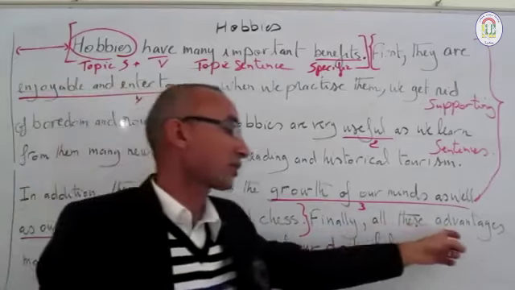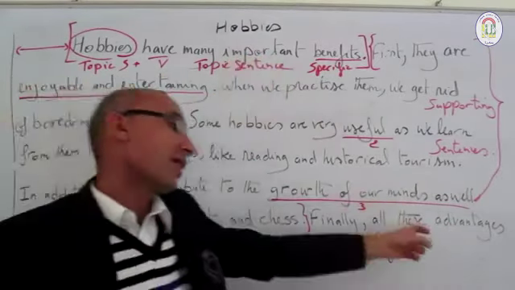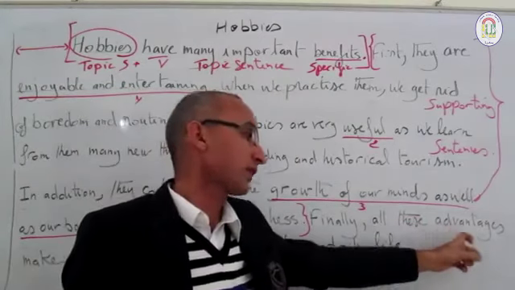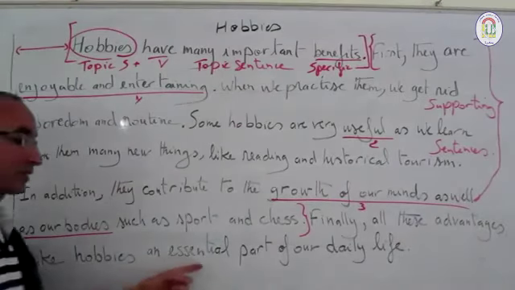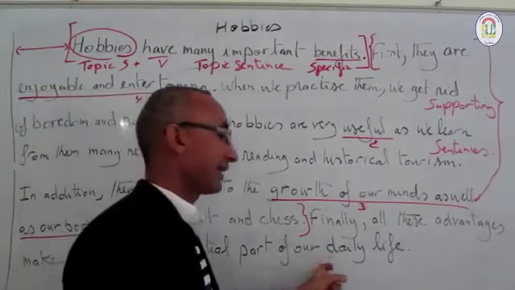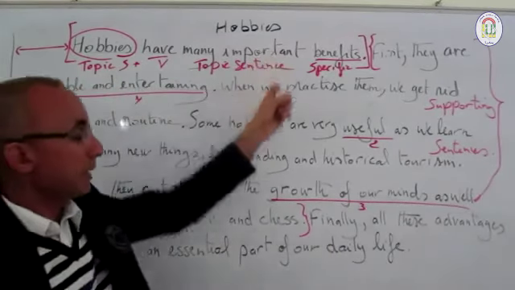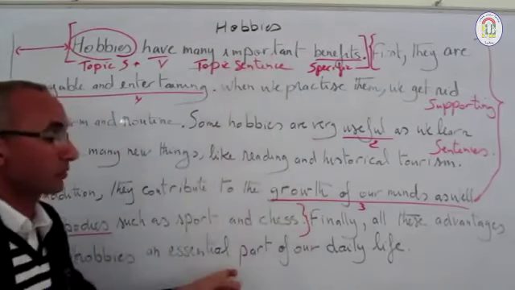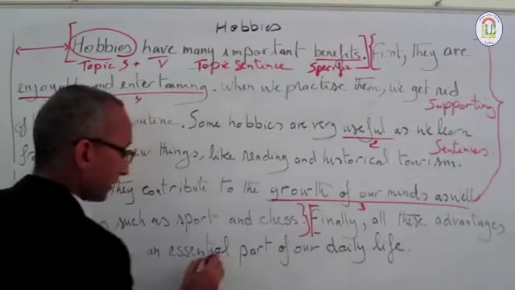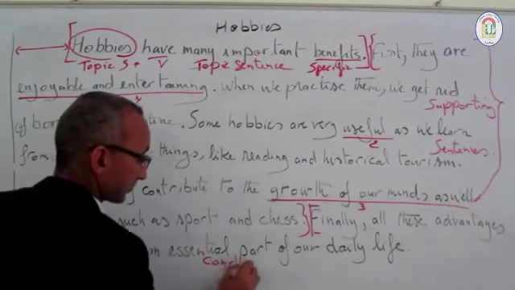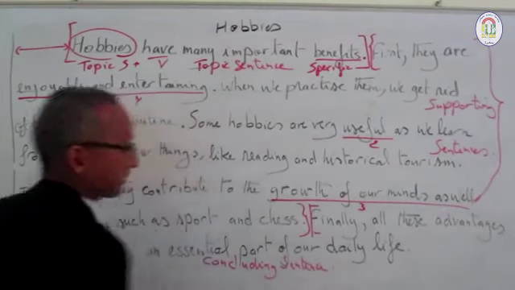Finally, all these advantages, you may use the same words of the topic sentence or even their synonyms, benefits or advantages. All these advantages make hobbies an essential part of our daily life. It means they are necessary, useful, and important. So here is my last part, which is the concluding sentence.